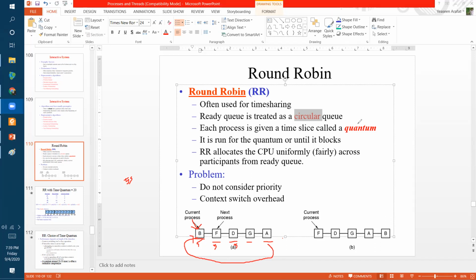That's it. Problems will be discussed at the end of the simulation of the round robin logic.